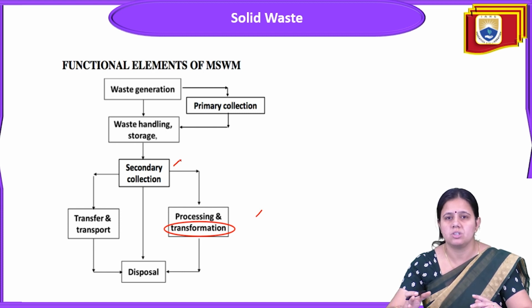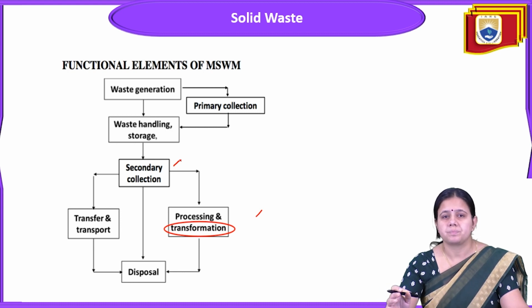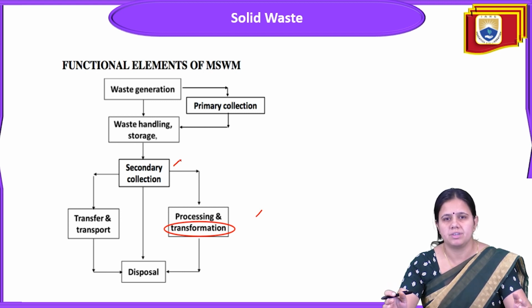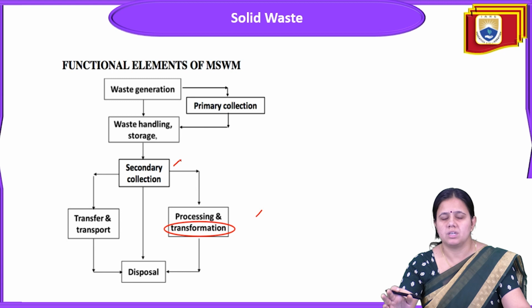Basically, the haul container systems transfer the waste from the secondary collection system to its processing unit, depending on which type of processing unit is appropriate for that particular waste. This transfer means hauling the container from the secondary collection system to its material recovery facility or site. The next step is processing and transformation, that is, processing of the waste.